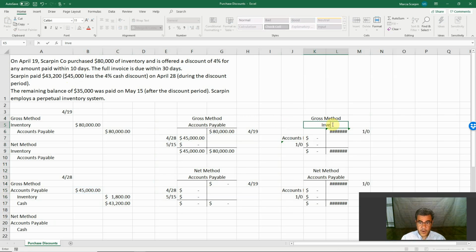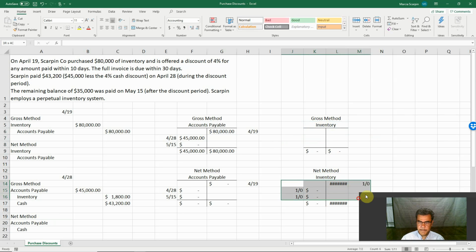Wow, I'm doing it now. That is why an almost live video is interesting. So let's work with the inventory here.